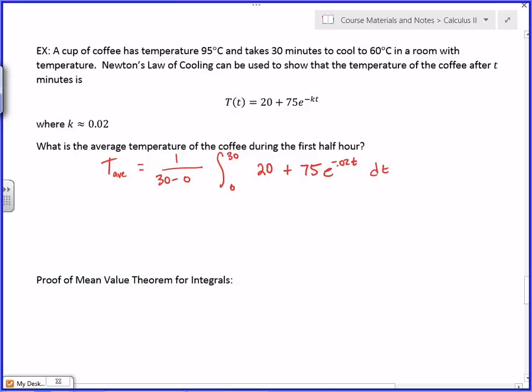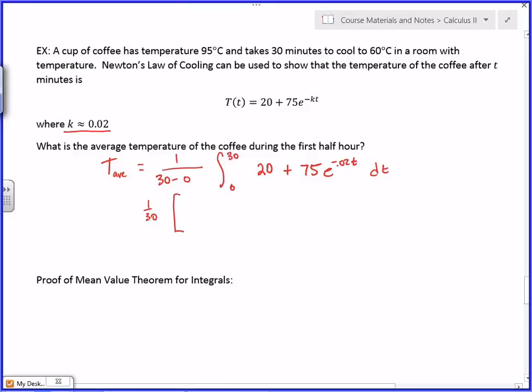You saw where I got 0.02, that's just given right here. All right, so 1 over 30 times, I do want to go ahead and write down the integral, but I'll skip all the plugging in work in just a second.